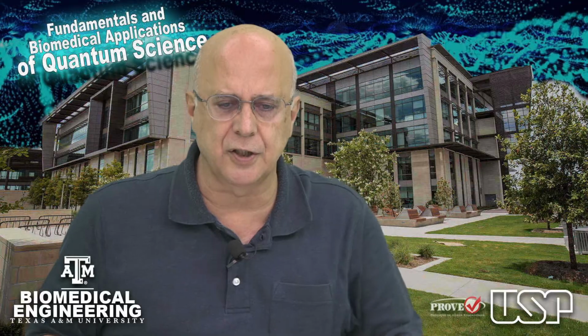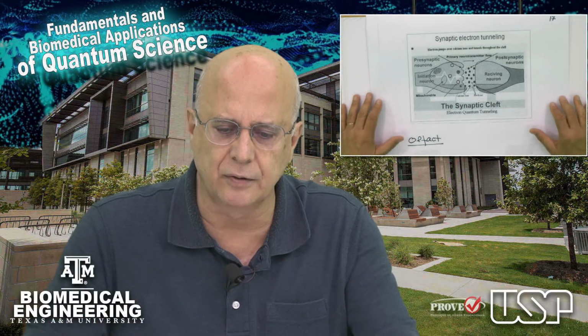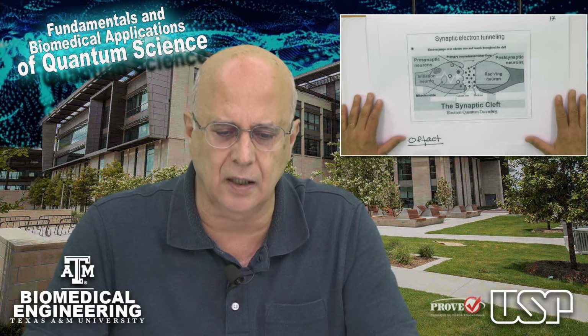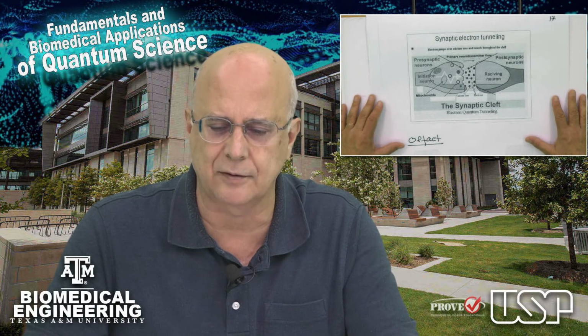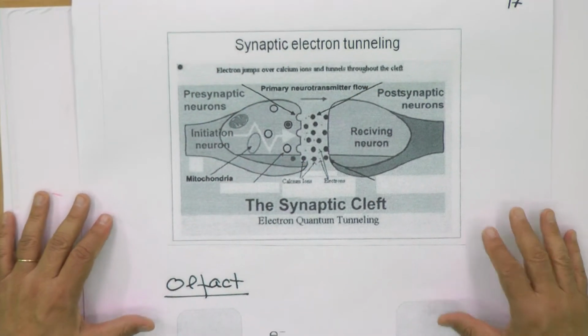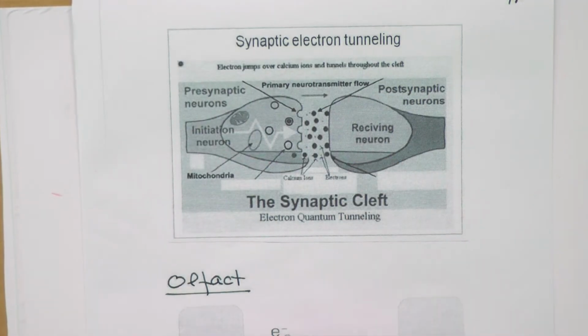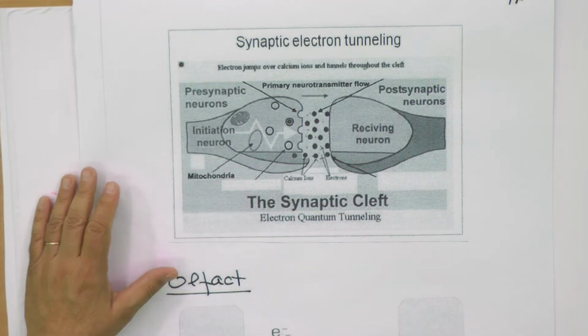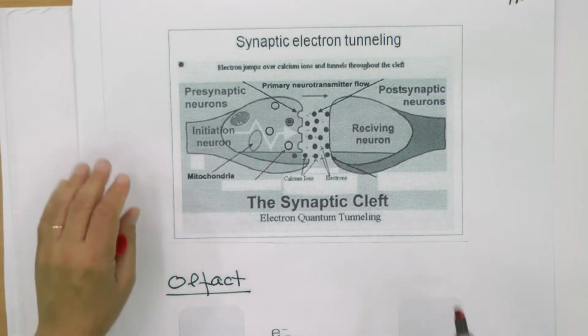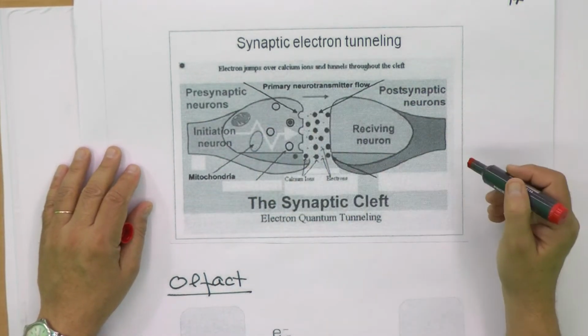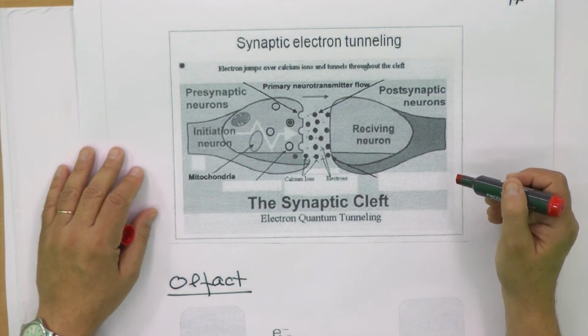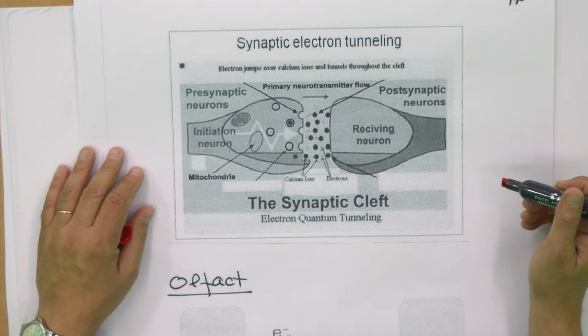And before I finish this part, you know, there is also evidence of tunneling in synaptic electron transference. And you know that the synapse is this connection. You have all the bio stuff involved in here, mitochondria and everything. And you have a flux of electrons that must pass through.